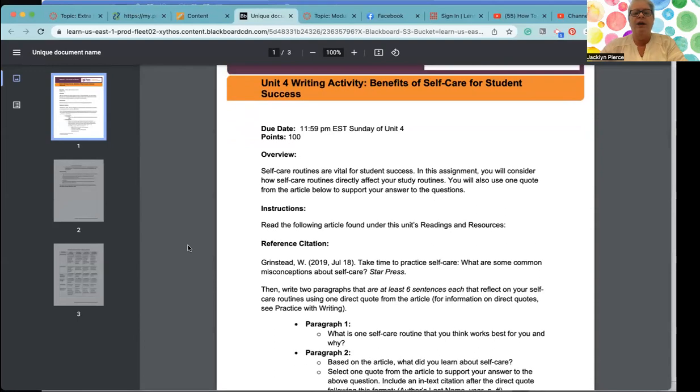But this is where everything that you need to know in order to get a good grade on your assignment is really in this document, along with, of course, having read the course materials, watched any videos that helped you learn the materials that you need to know to do it. But all of the requirements are inside these documents.